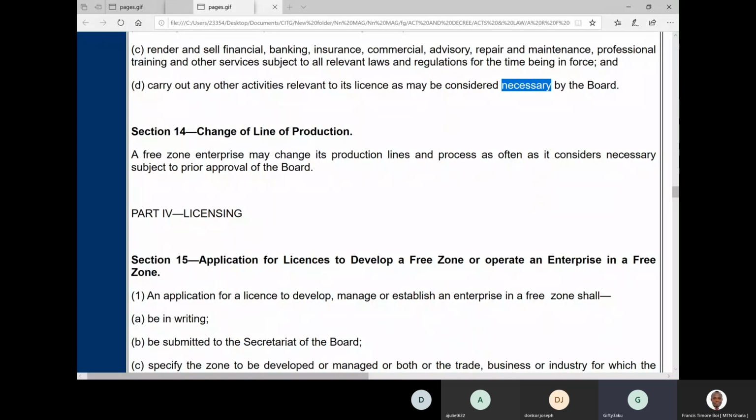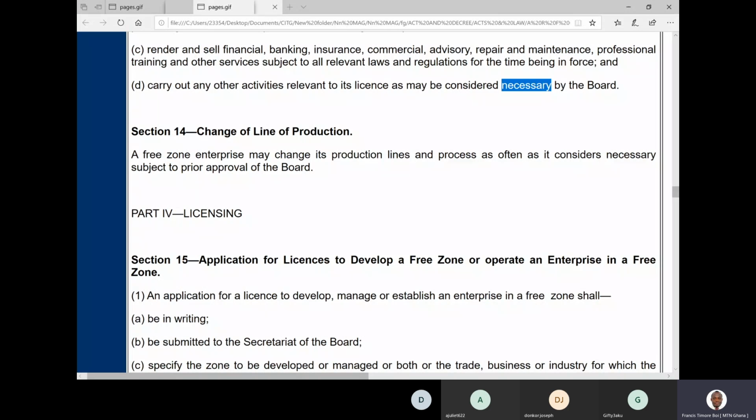C, shall specify the zone to be developed or managed, or both, or the trade, business or industry for which the license is required. And D, shall be accompanied with the information required by the board. Good. So if you want to either develop or operate in a free zone, put in your application in writing and then you submit.